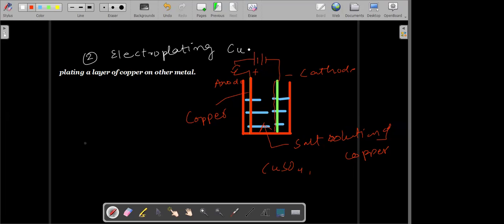The copper sulfate breaks to give you copper ions, Cu2+ ions. Since the copper ions are positively charged, they move towards the negative electrode. When they reach the negative electrode, they absorb electrons from it, become neutralized and get deposited over there.